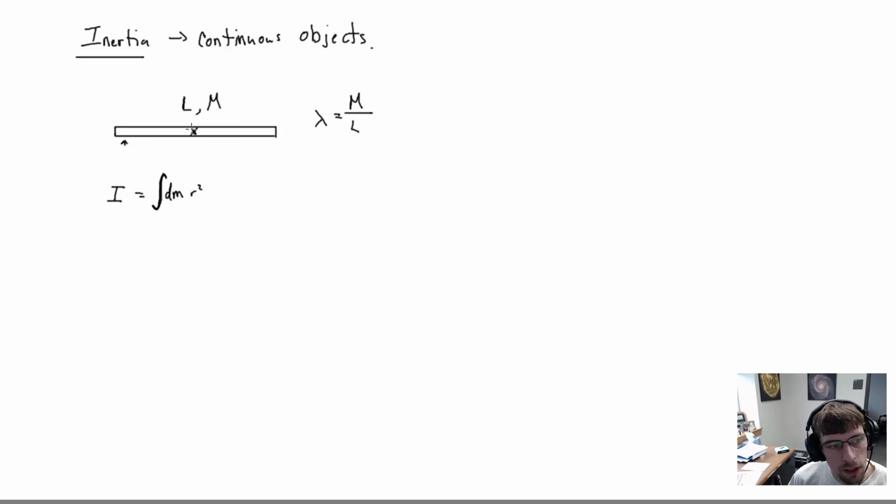Now taking my rotation axis to be right here, I'll set the origin at my rotation axis, or the pivot point. That means that r, I'll call this direction x. And that means that I need to take the summation from negative L over 2 to positive L over 2.